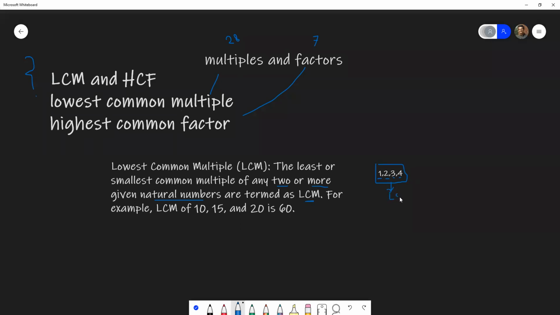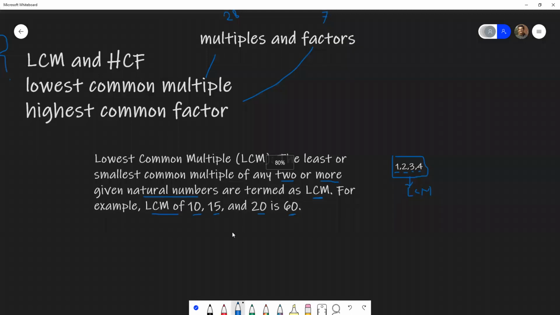I will solve it as a given example here. The LCM of three natural numbers, 10, 15, 20, is 60. How did they make that happen?